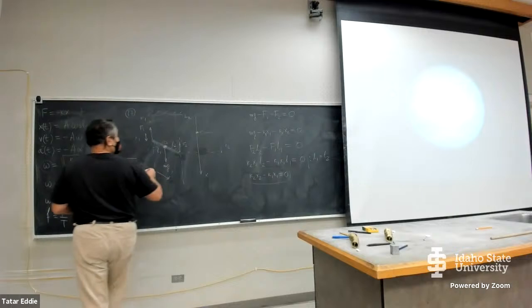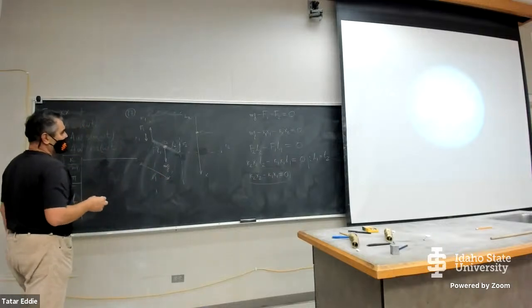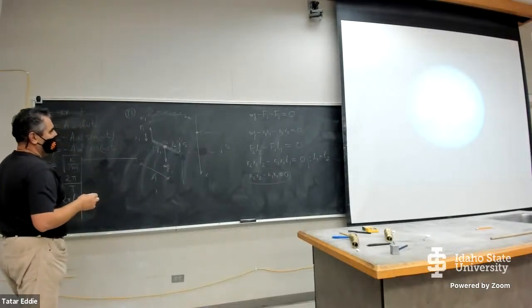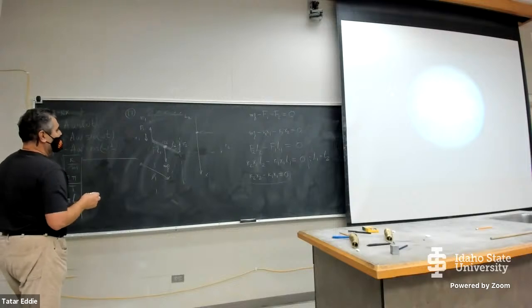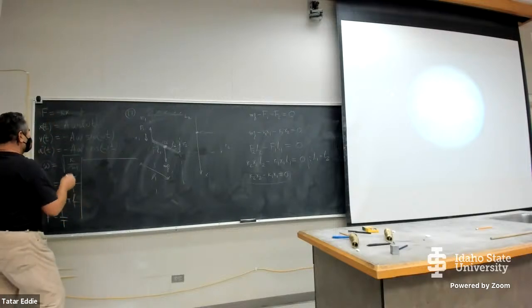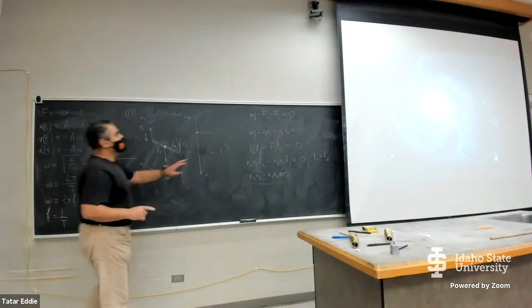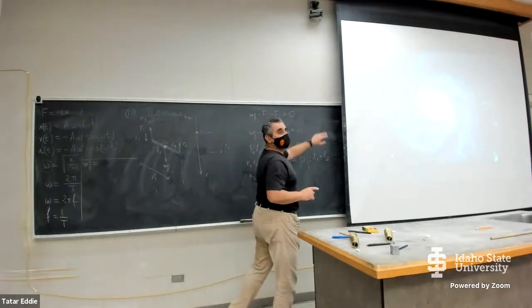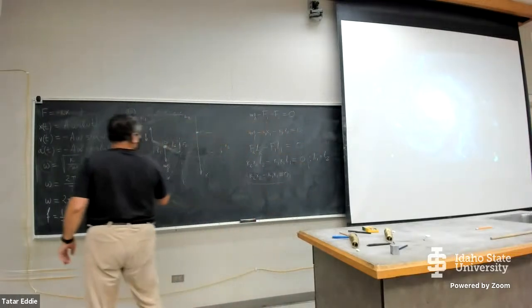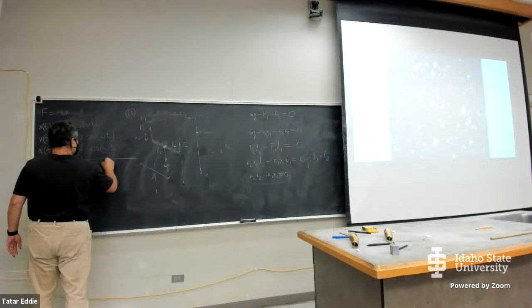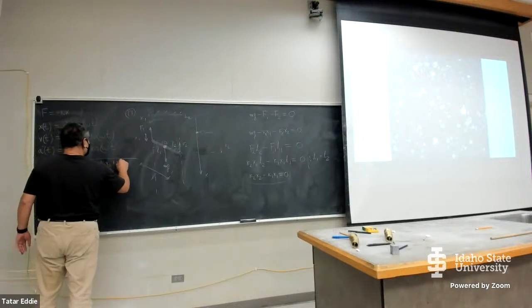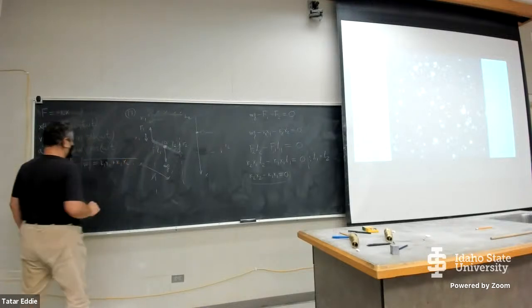So the first equation reads mg is equal, so I'll move the two terms to the other side of the equation with opposite sign, k1 x1 plus k2 x2.